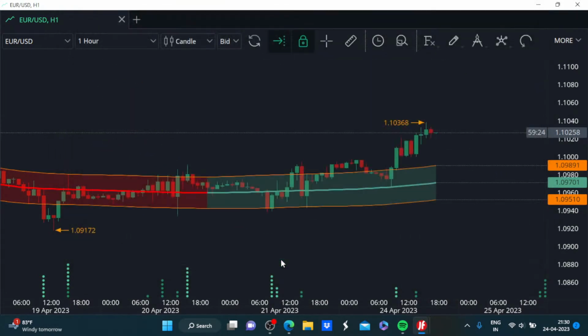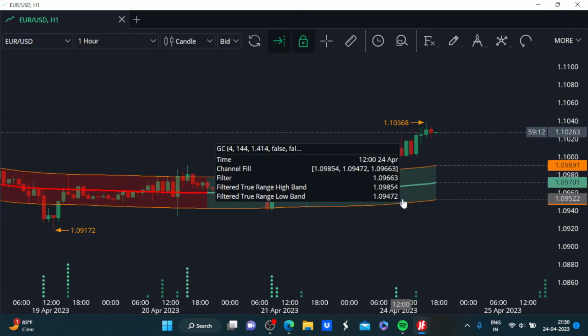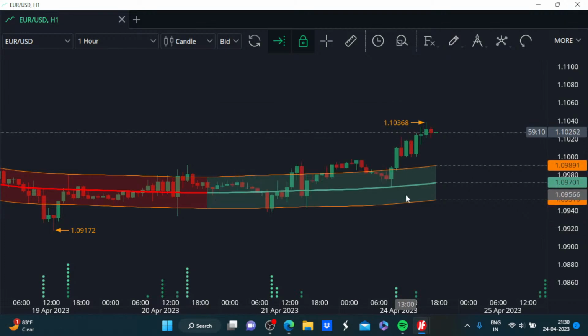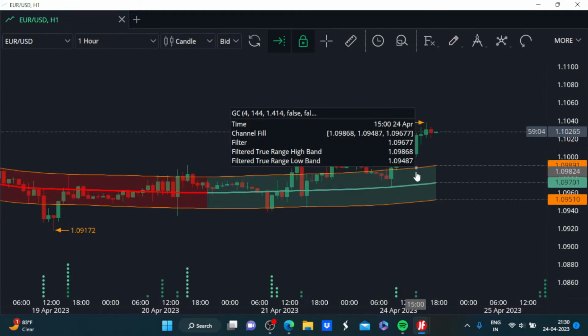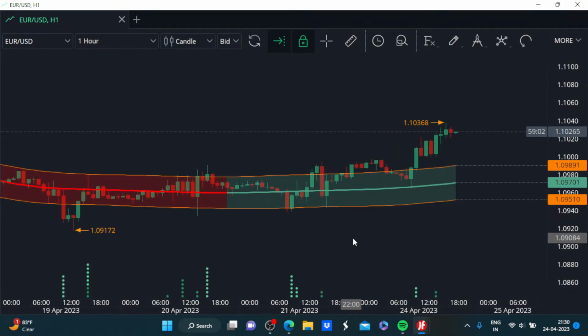Now let me go back to the basics. The underlying concept, the underlying logic, is simple. We consider the price fluctuation, the distribution of the closing values of the candlesticks, and using that dispersion, this middle line is drawn, and then the standard deviation is applied.